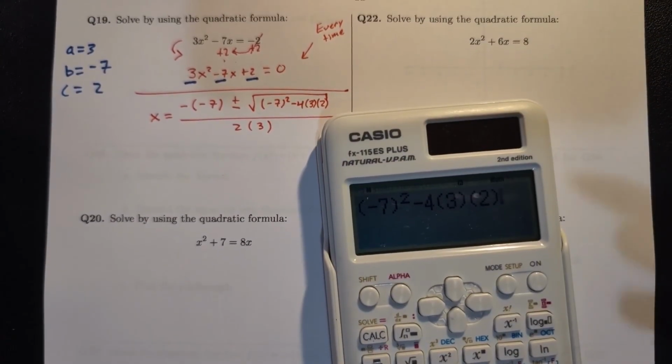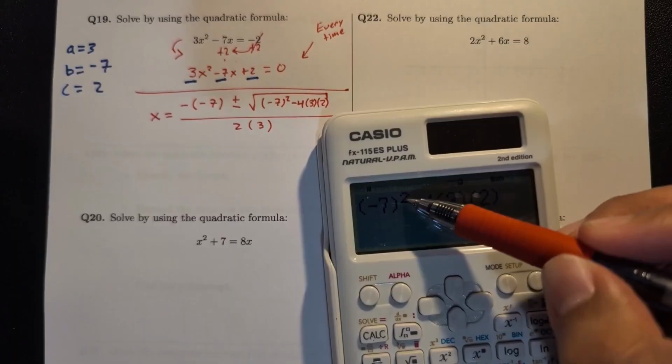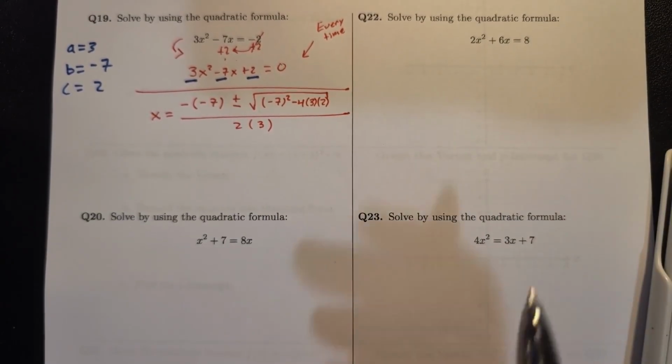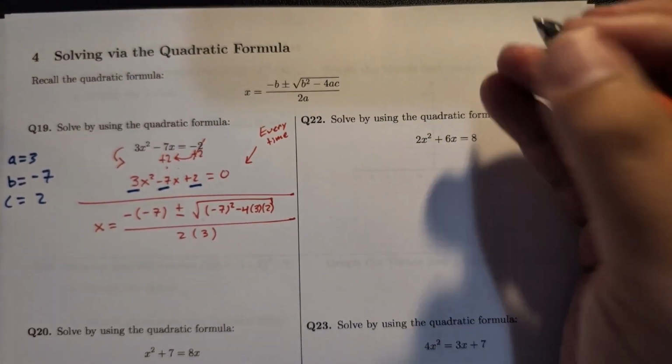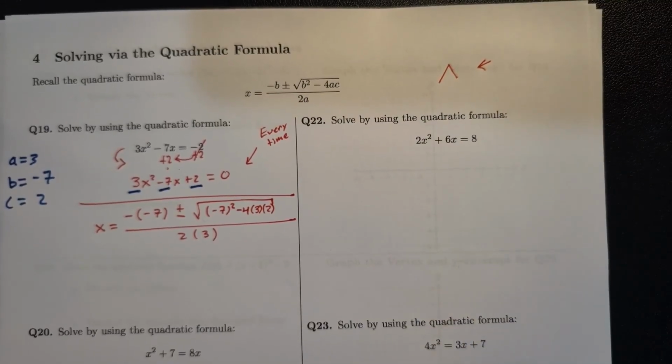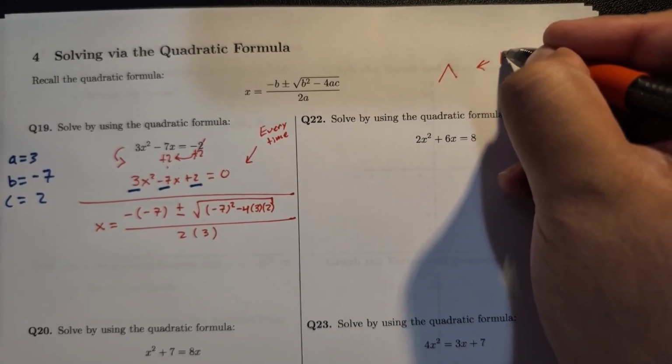My calculator has a function to put it as x squared. I think yours does too, or if not, there's an arrow on your calculator. This means exponent.